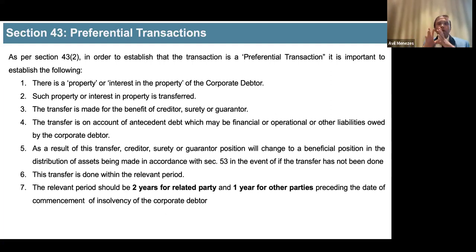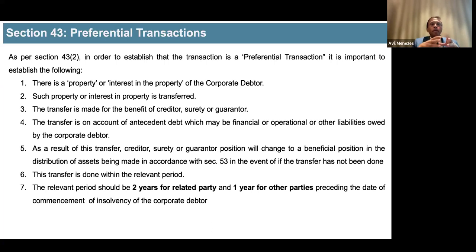The relevant period is 2 years for related parties and 1 year for other parties, preceding the date of commencement of insolvency. One of the landmark judgments, if you want to understand this, is the JP judgment of Anuj Jain. In that transaction, it was not the promoters but the bankers who had to give back the property.